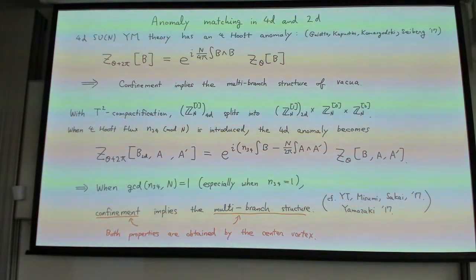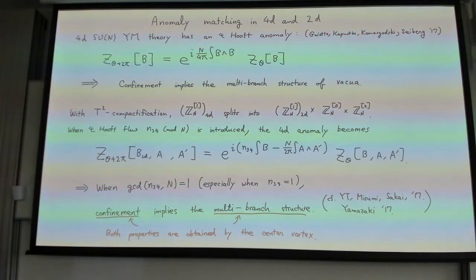And even with this T2 compactified setup, the one-form or center symmetry of 4D is split into a one-form center symmetry in 2D and two zero-form center symmetries. If you introduce non-trivial 't Hooft flux along this T2 compactified direction, then this anomaly has a non-trivial dimensional reduction of this form.